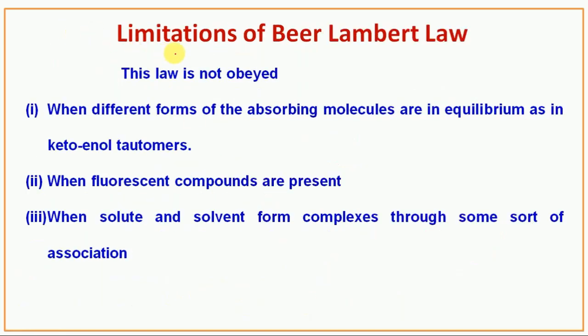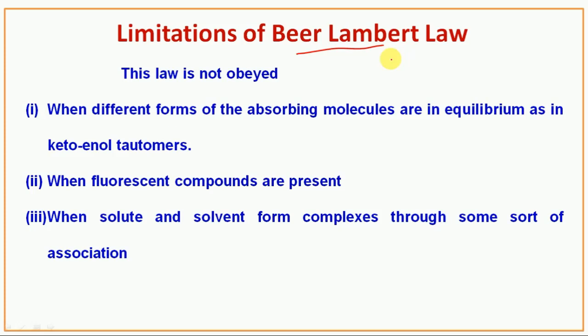Last one, here we are going to discuss an extra point: limitations of the Beer-Lambert law, where this law is not obeyed. These are the 3 points.